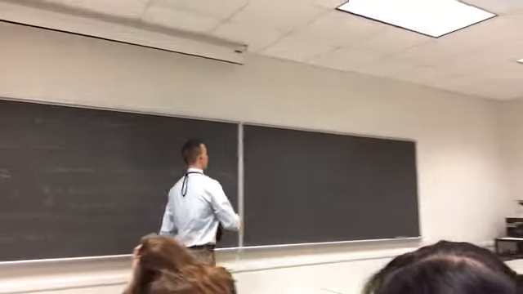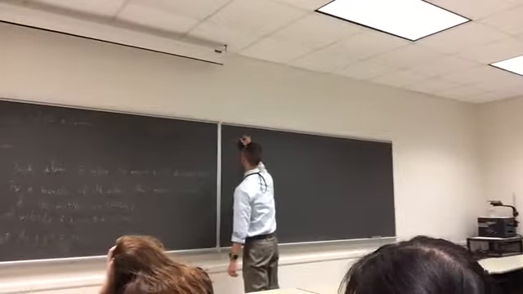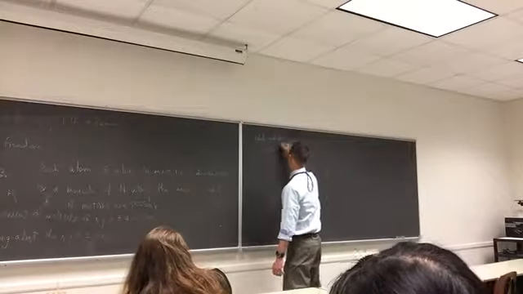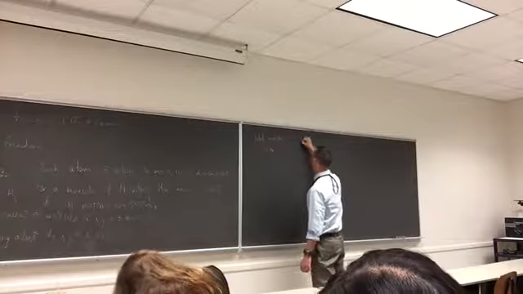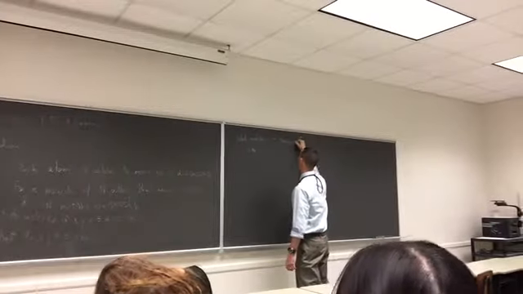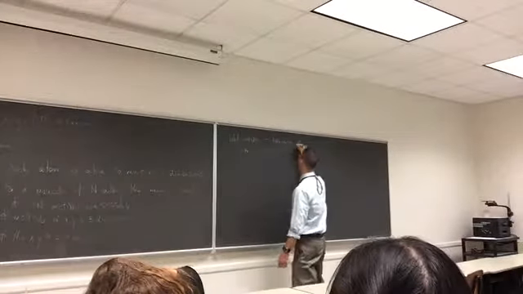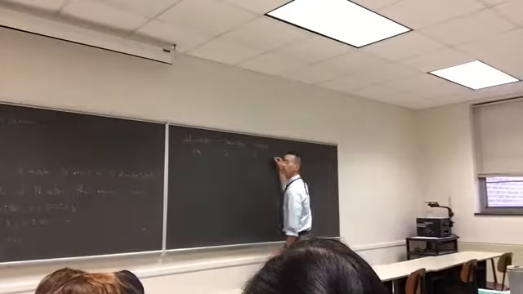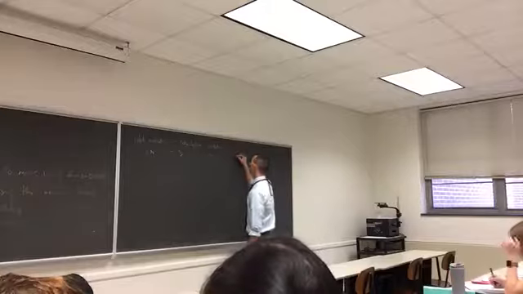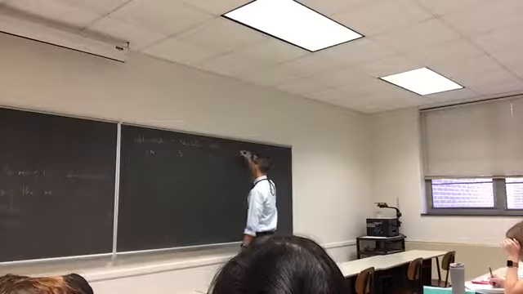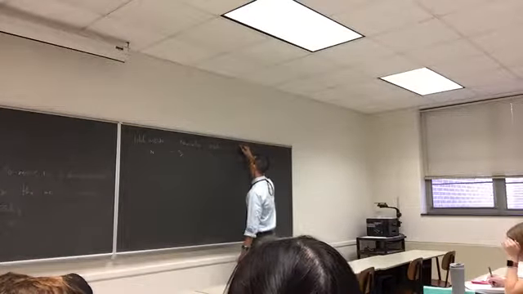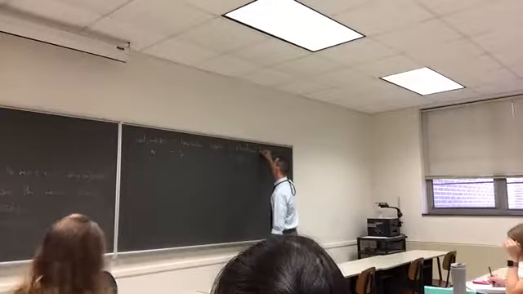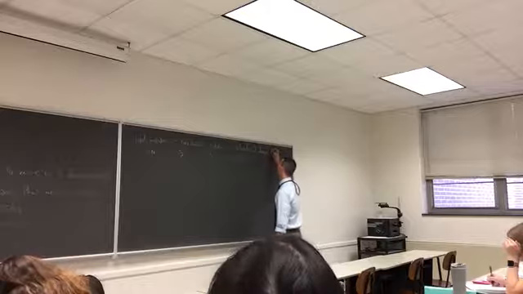Okay. So if we take the total motions, which are 3n, and we subtract translation, which is 3, and we subtract rotation, which is also 3, okay, what we really end up with is 3n minus 6. These remaining motions are the vibrational degrees of freedom.